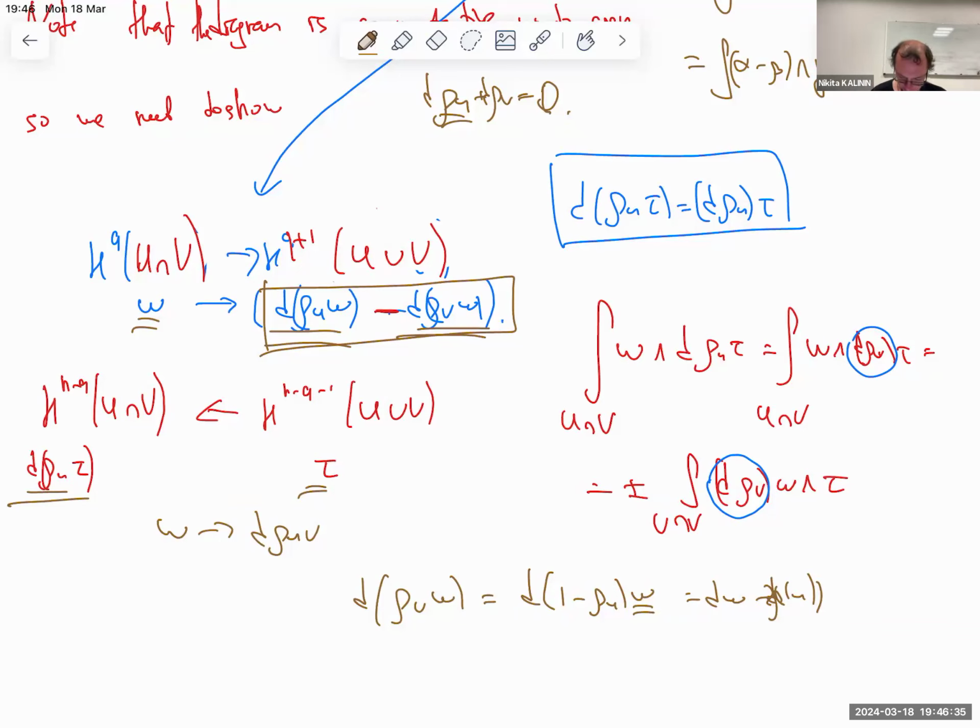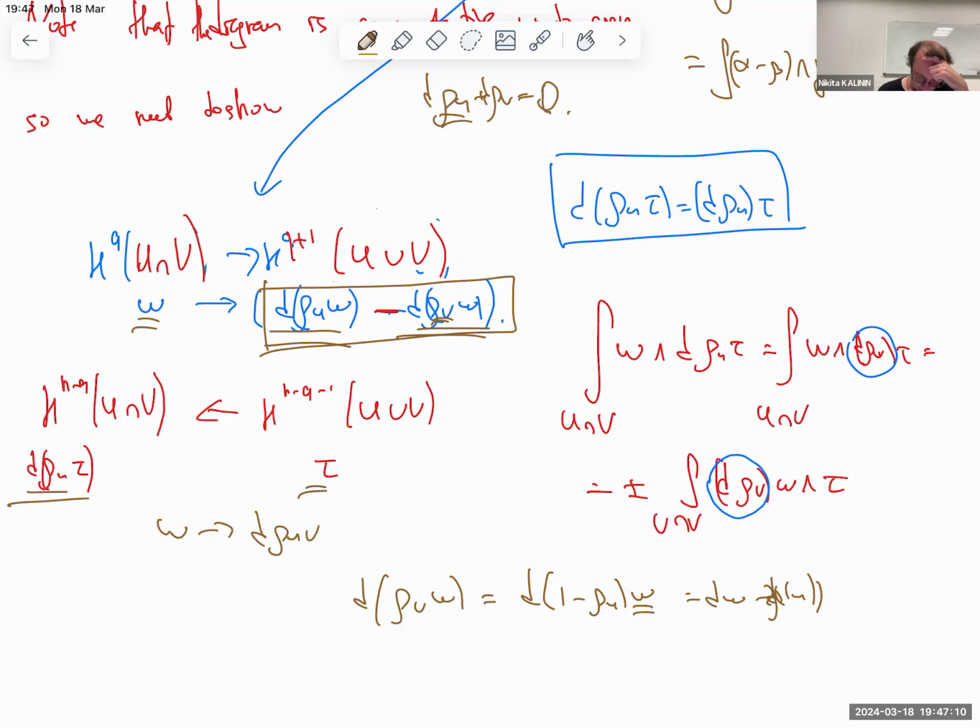But now I have the minus 2. So if here I say that, for example, rho v is 1 minus rho u, I can do it, but then I have the constant 2, which is not good. I think the map in the usual cohomology is okay. I think that something is wrong with the compact cohomology.